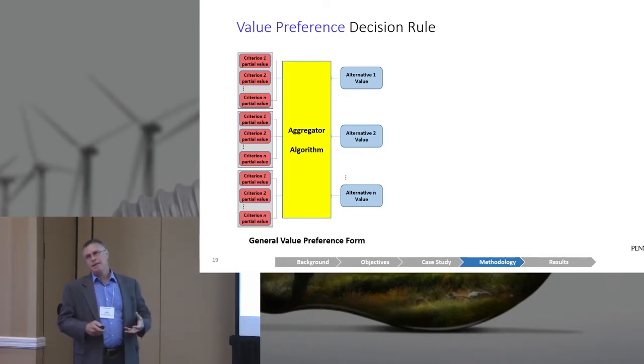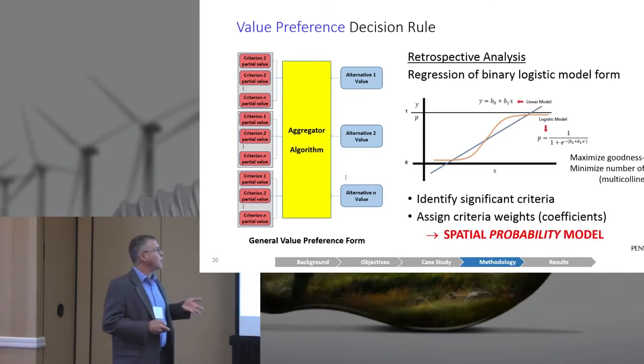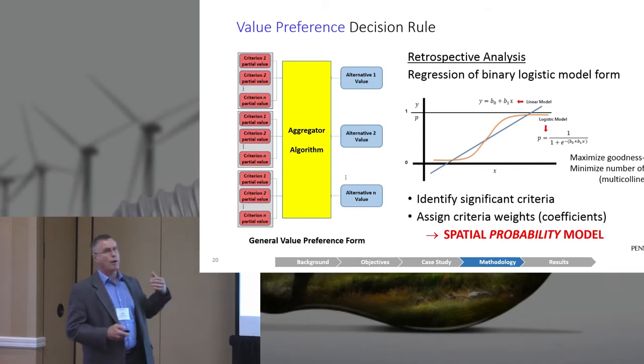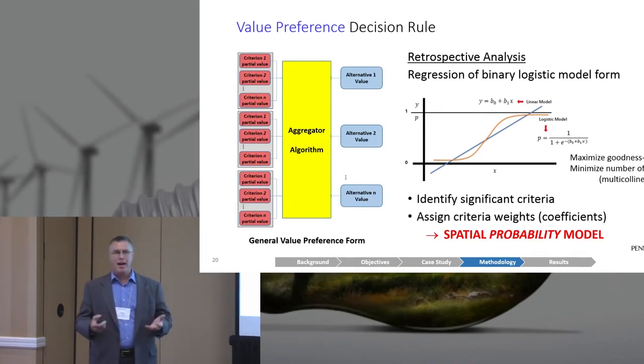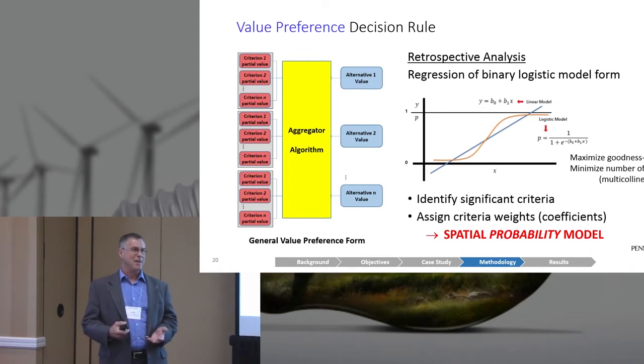We don't know what process was used on these, so we're assuming a very simplistic form where weighted criteria are then summed together to come up with an alternative value. We regress that information. And doing this retrospectively, we have to consider the fact that our dependent variable is binary. Either a waste transfer station is there or not.